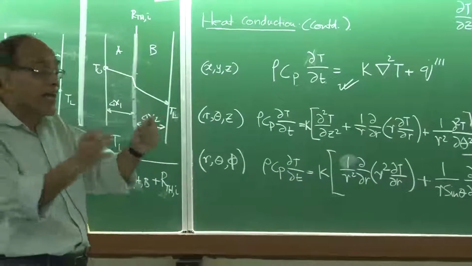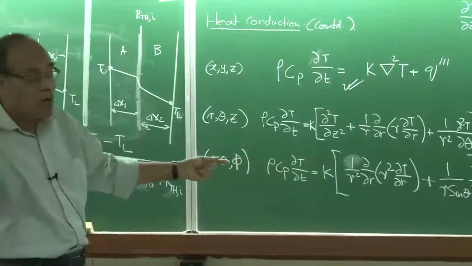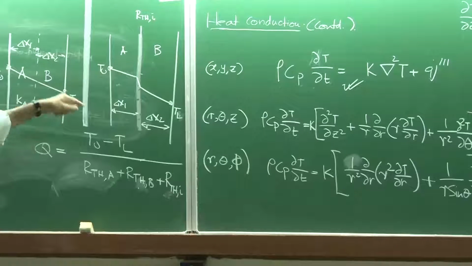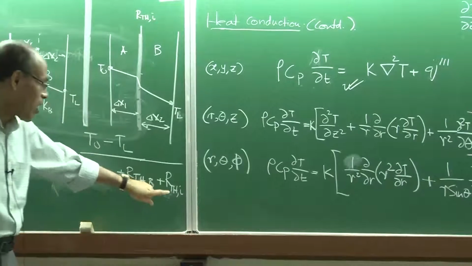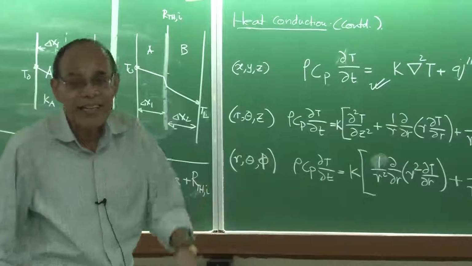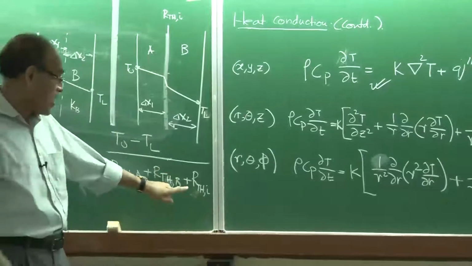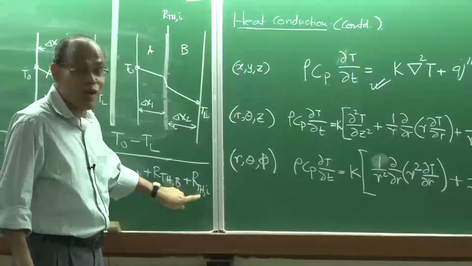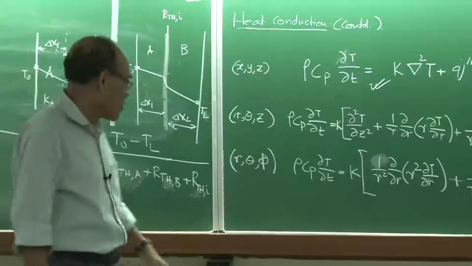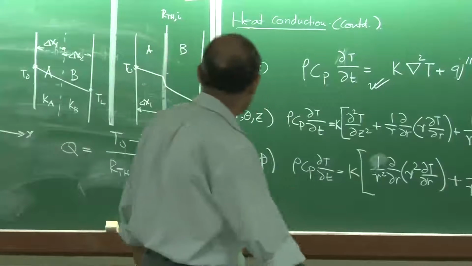So, you may have a different contact thermal resistance on the left hand side of the domain and something else on the right hand side of the domain. We will discuss this and I will show you how interfacial thermal conductivity can be determined by conducting trials. Okay? But this necessitates determination of both flux and temperature field, and then we should be able to evaluate this contact thermal resistance, which will be discussed towards the later part of the course.